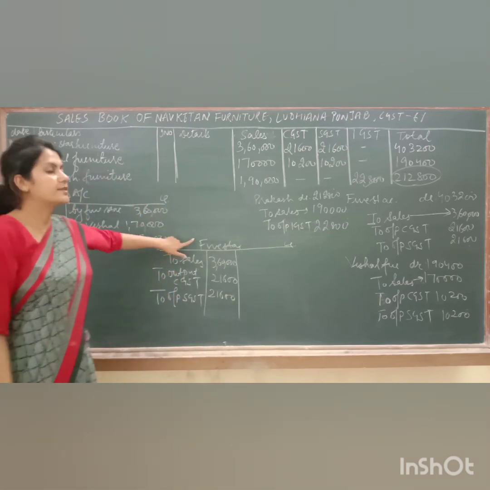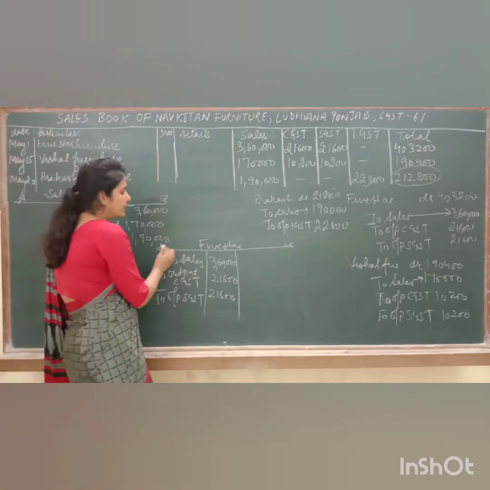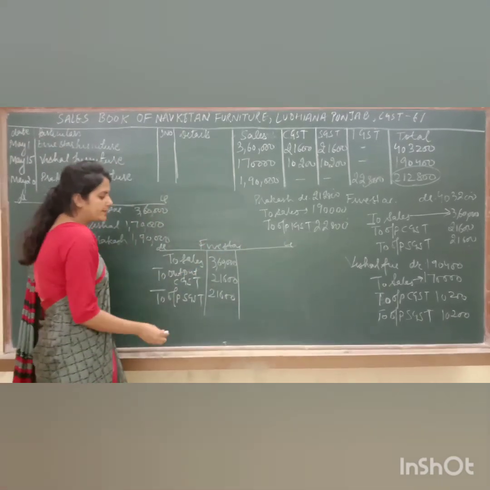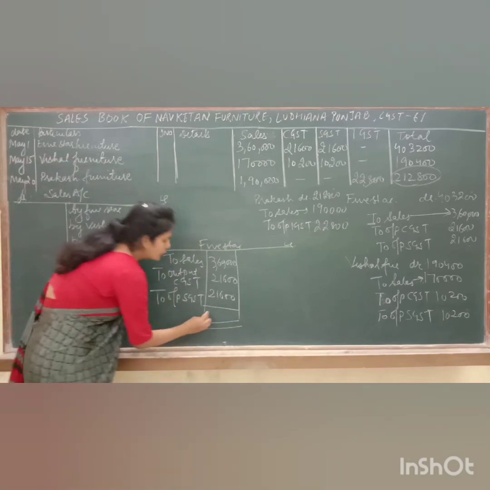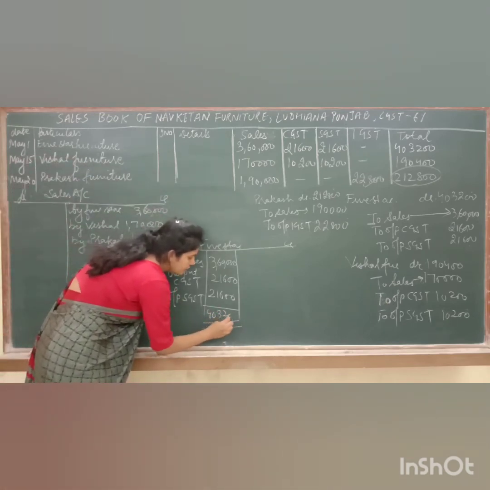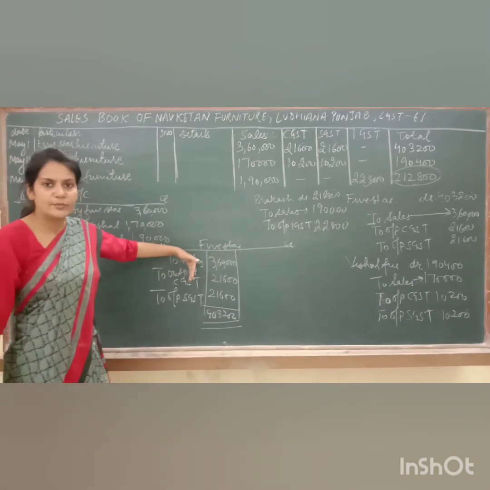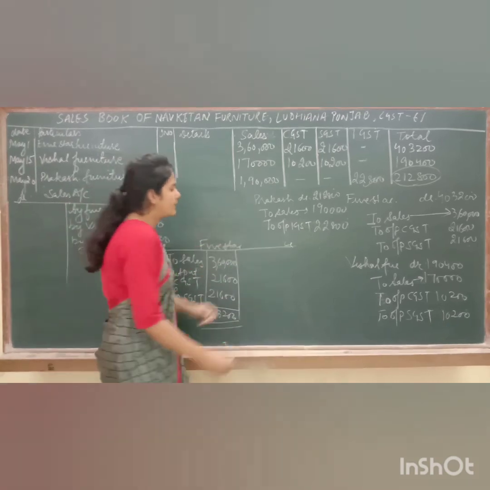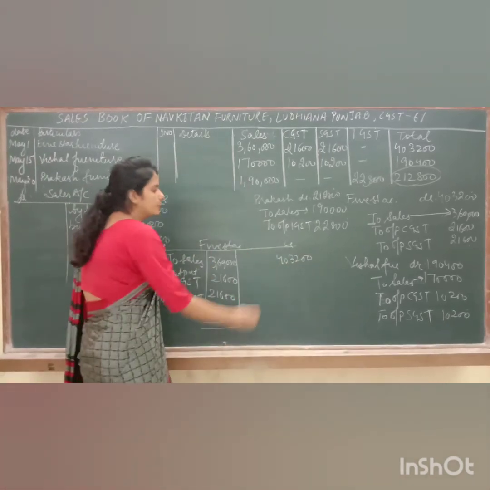Fine. Now it is an artificial personal account, so we have to balance it. How to do the balancing? First of all, check the total of which side is greater. It's clear that the total of the debit side is greater. Total is 4,03,200. Now to make the credit side equal to the debit side, I need to have a balance of 4,03,200 on this side also.